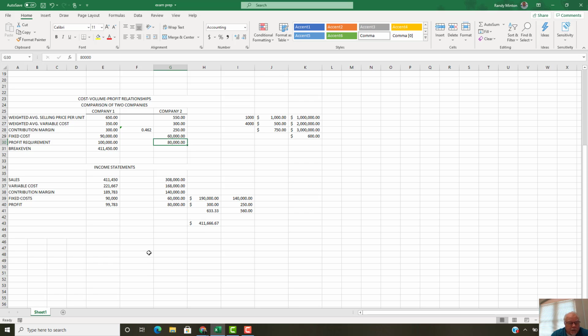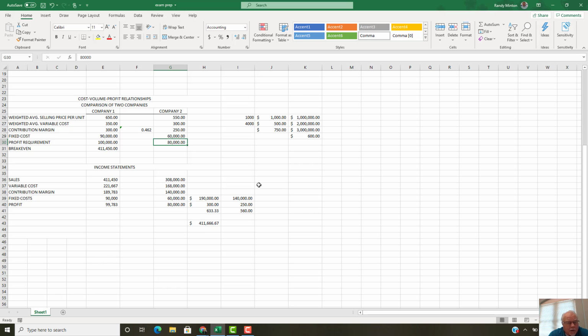Now, if I were trying to break even without a profit requirement, all I would do is take these numbers off. I'd still do it the same way. I take 90,000 in fixed costs divided by the 300. I take 60,000 in fixed costs divided by the 250.